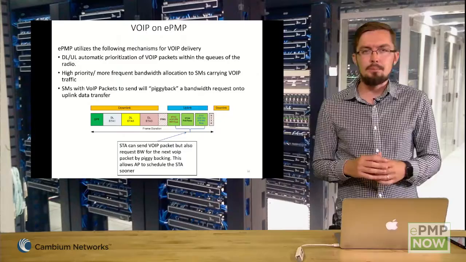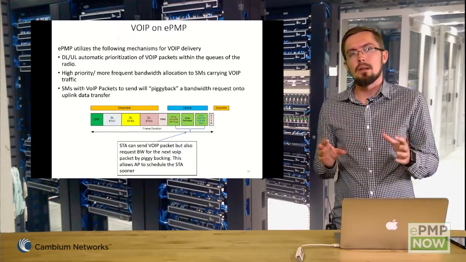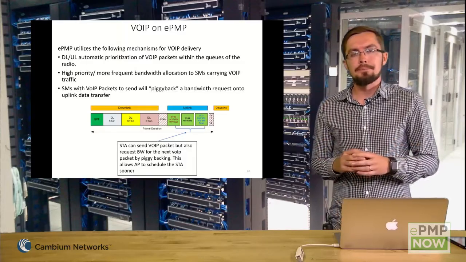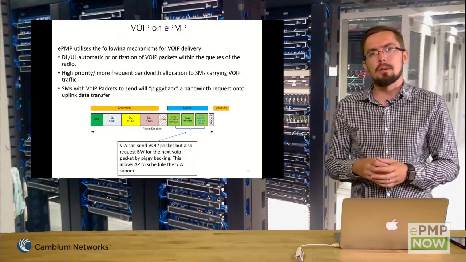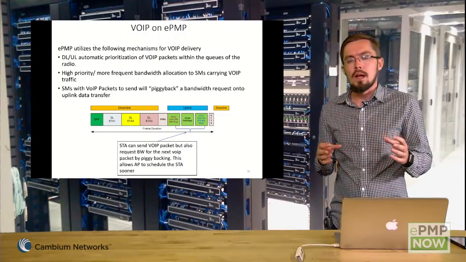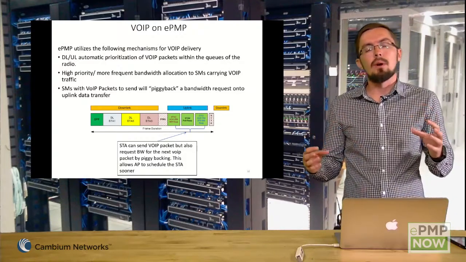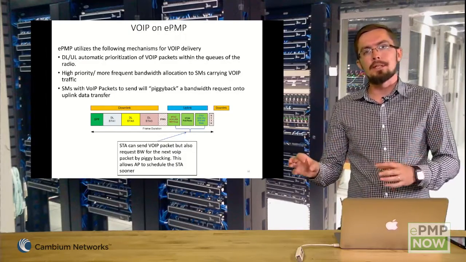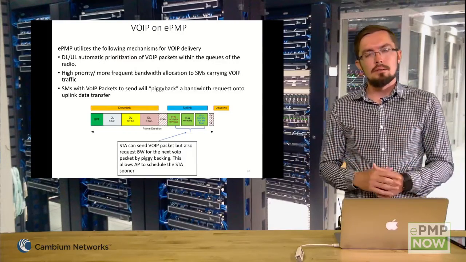One of them is piggybacking, meaning that a subscriber can tell the access point to allocate more time for this specific subscriber if there is any voice data coming. So if you have an active call, the access point will know that there is a requirement to allocate more time to get stable jitter for the voice data.